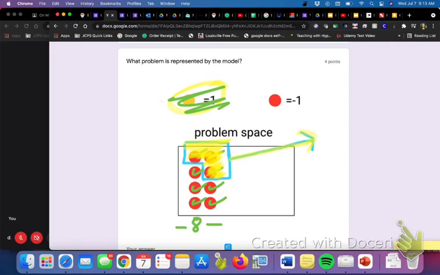Well, you're taking out 1, 2, 3 negatives, right? So you're taking away 3 negatives. So there should be the subtraction sign there to represent the fact that you're taking them away. And then there should be a negative 3 because you're taking away 3 negatives.